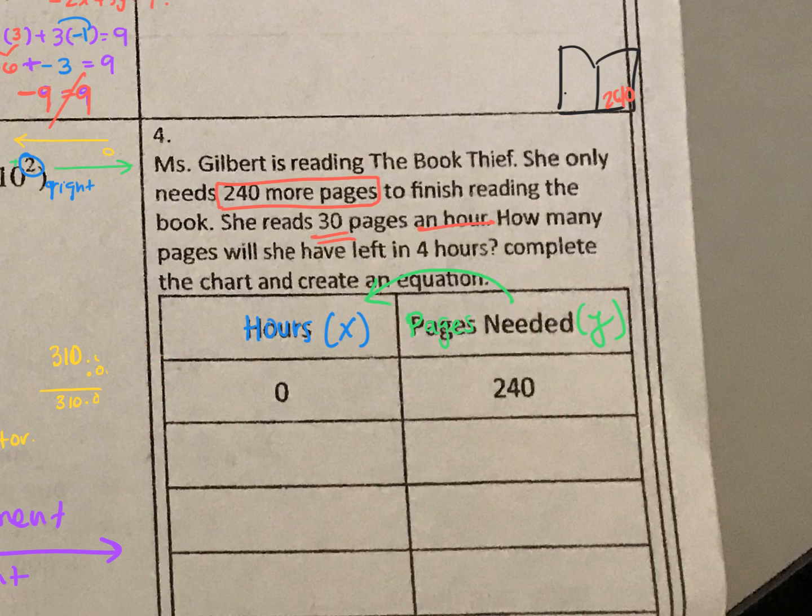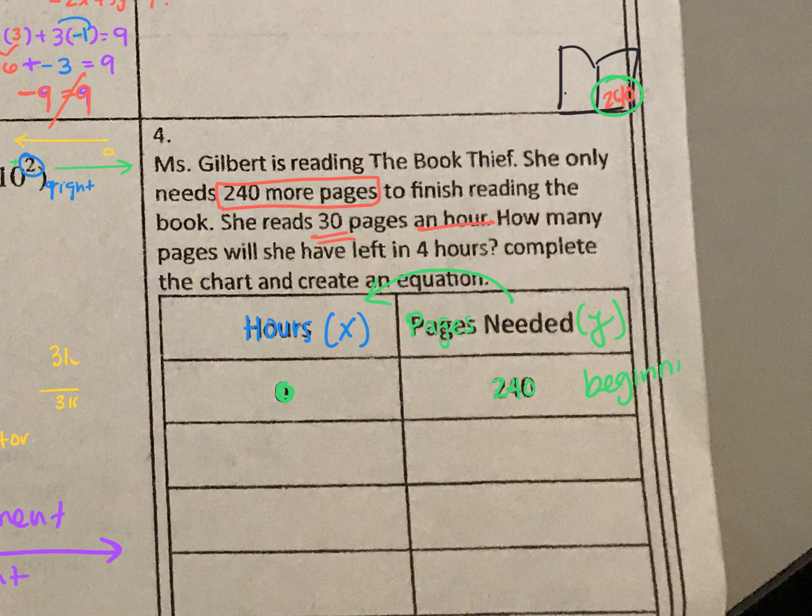So here we go. If you read for 0 hours, how many pages does your book have to begin with? Don't you have 240 pages? It's okay. So you have 240 pages left if you don't read, right? That's brand new. That's your beginning.